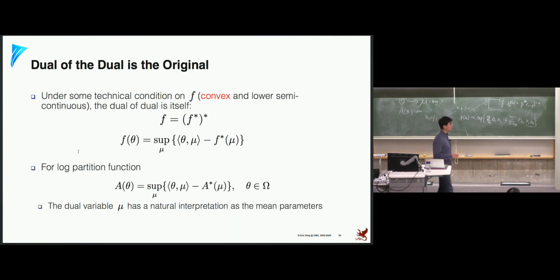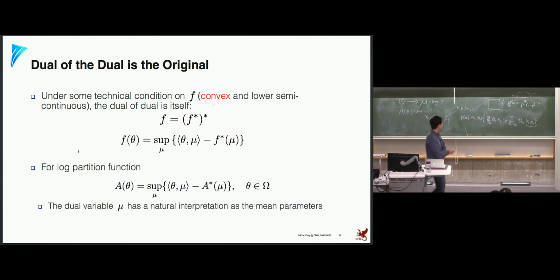Another useful thing is if the original function f is convex and satisfies some mild conditions like lower semi-continuous, then the conjugate of the conjugate is itself. So you get f, you get a conjugate, you arrive at f star, and you conjugate again, you arrive back at the original function. So that's a very nice property.